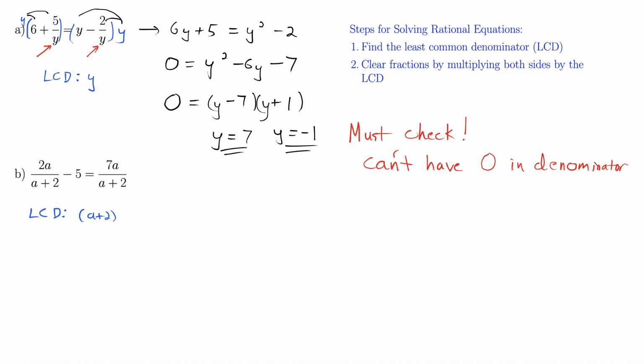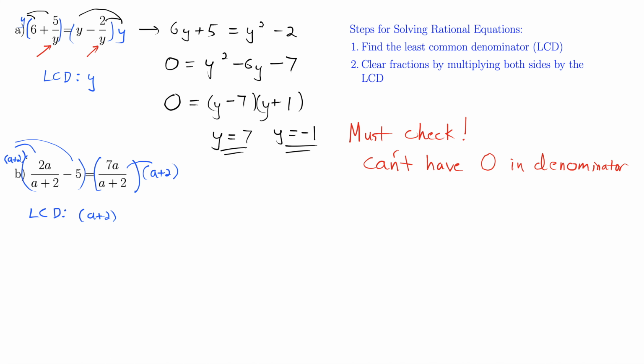Step 2, we multiply both sides by our LCD so that we can clear fractions. So here we go, a plus 2 on the right and a plus 2 on the left. As long as we do it to both sides of the equal sign, we're not fundamentally changing the equation. This gets distributed through like so.